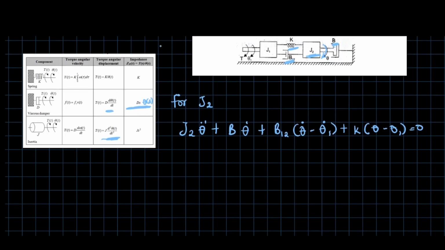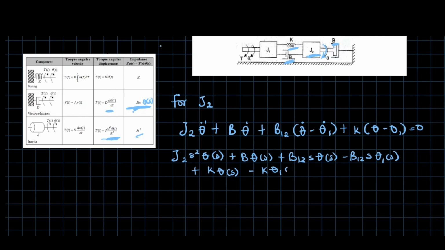So now we can just change it to Laplace, so it will be J2 s squared theta(s) plus B theta(s) plus B12 s theta(s) minus B12 s theta 1(s) plus K theta(s) minus K theta 1(s).